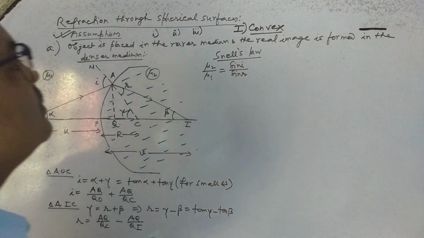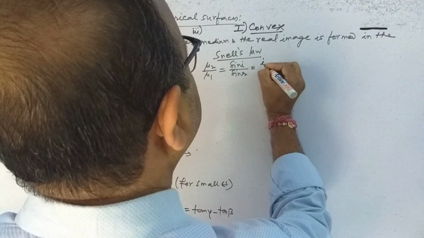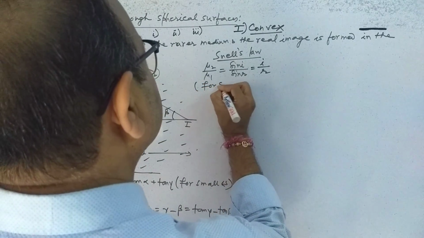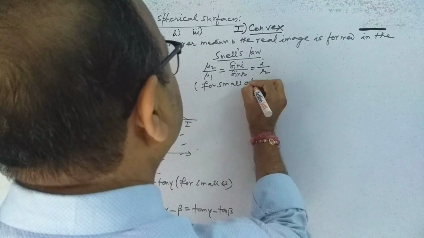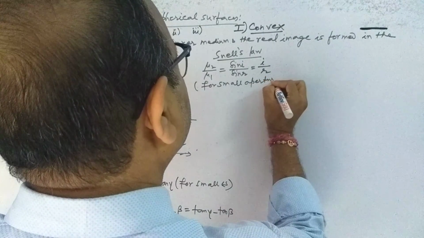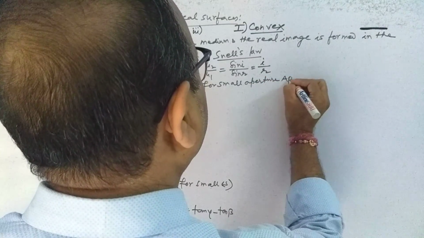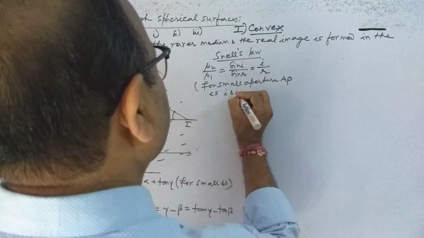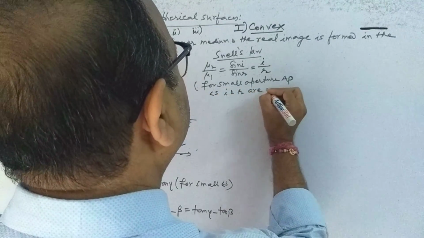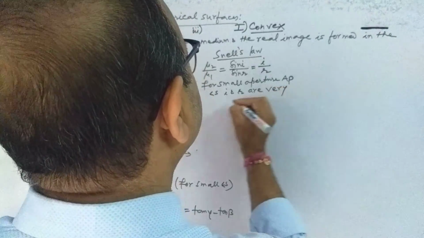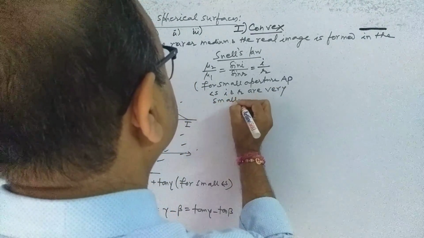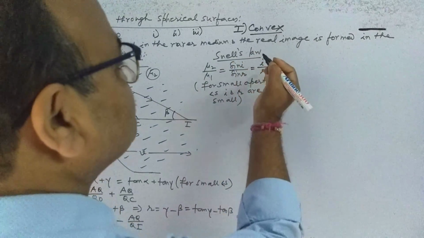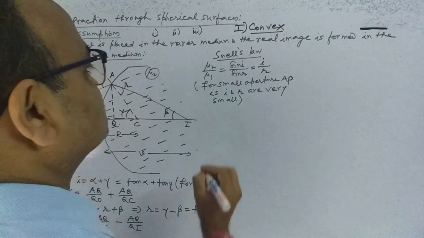So here I will write, for small aperture AP, angles i and r are very small. Then sin i by sin r is equal to i by r for small angles.